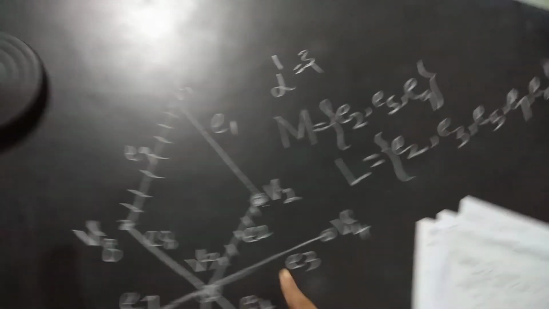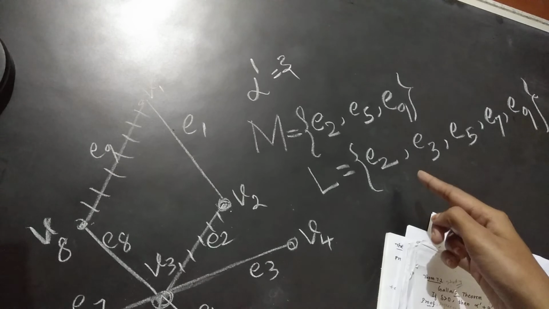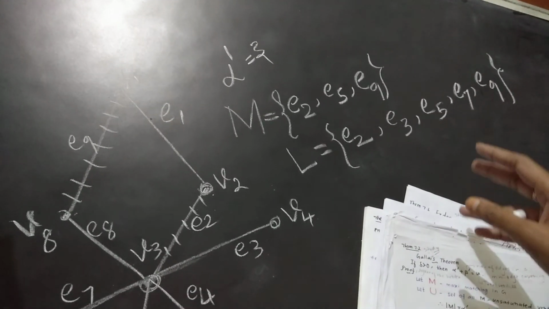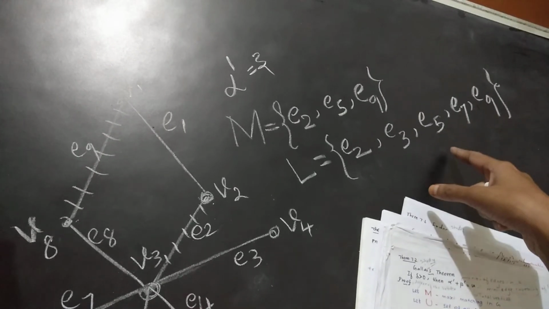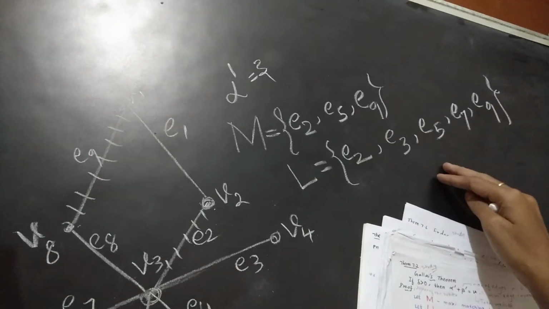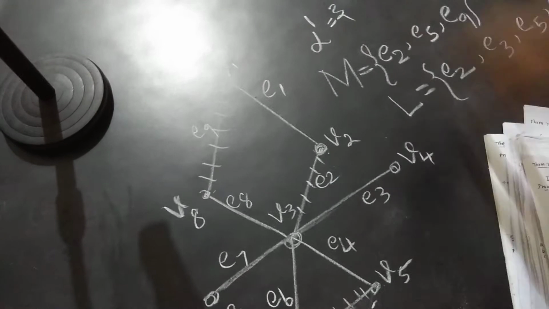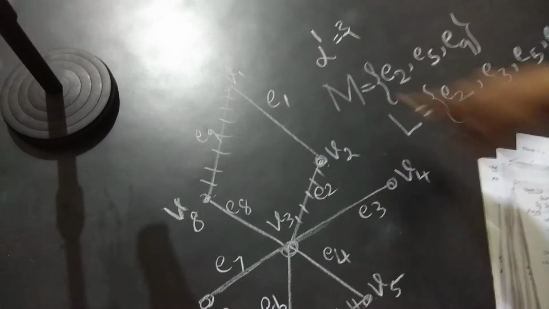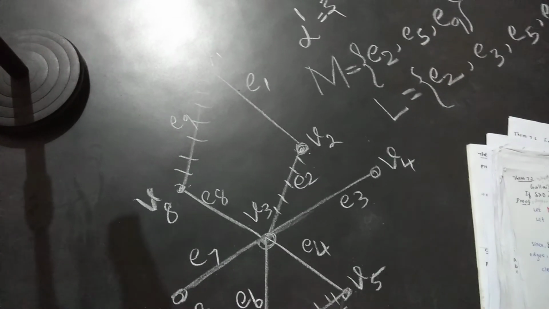Is that clear? Now, minimum edge covering means it will have the minimum number of edges. You can't write fewer edges than this. If you write fewer edges, then that cannot satisfy the property of edge covering.